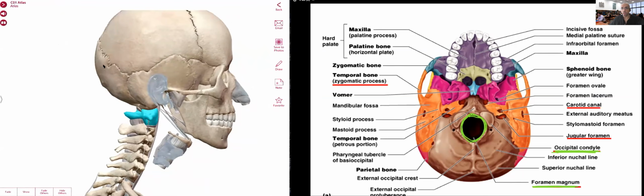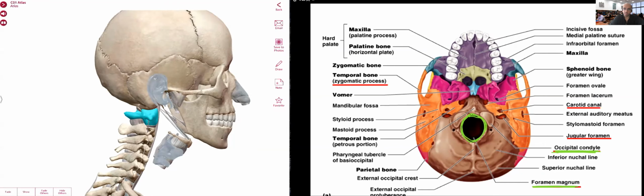We call it also atlas, and this cervical vertebra. What do you think? Is there any relationship? Why are both of them called atlas? Holding up the earth? Yes, exactly.